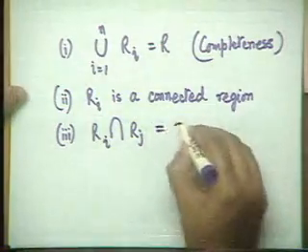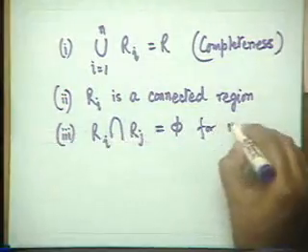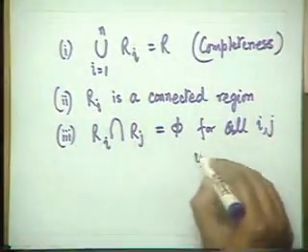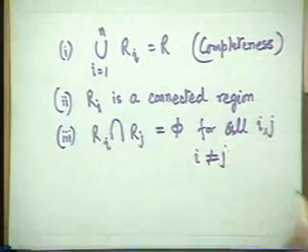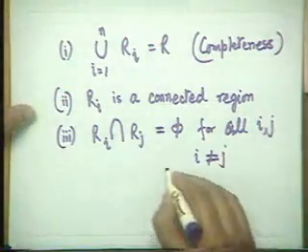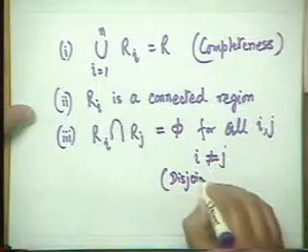So this should lead to a null set for all i, j, but provided that i is not equal to j. So this indicates that all the regions must be disjoint. So this indicates the disjoint property.